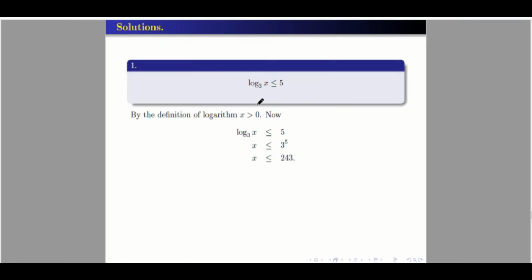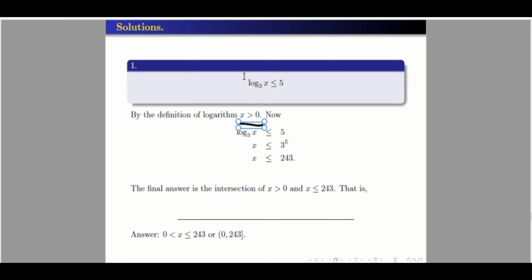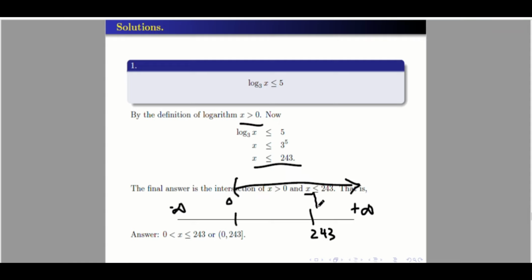The last part is, of course, to get the intersection of these two. If this is the number line, we have negative infinity and positive infinity here. Let's label 0 and 243. Now x greater than 0 is this portion, towards that one. Greater than 0, so it is parenthesis. Now this is less than or equal to 243, so this is bracket, and less than, so towards the left.